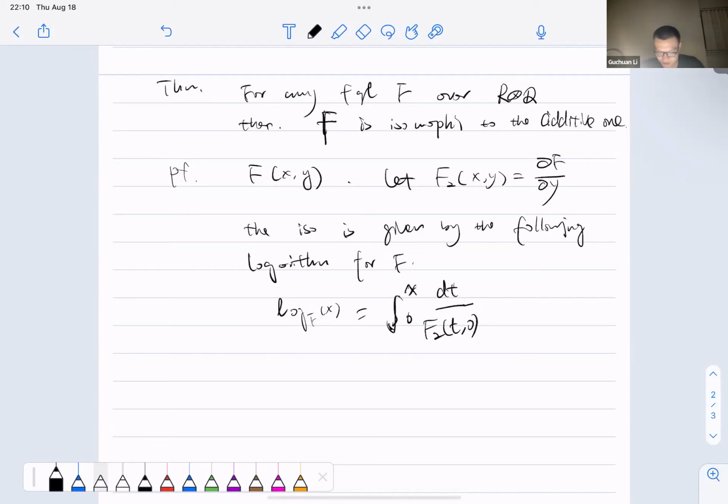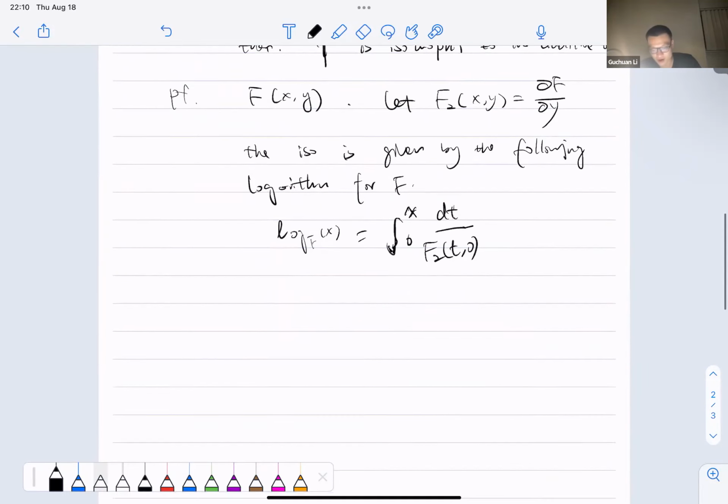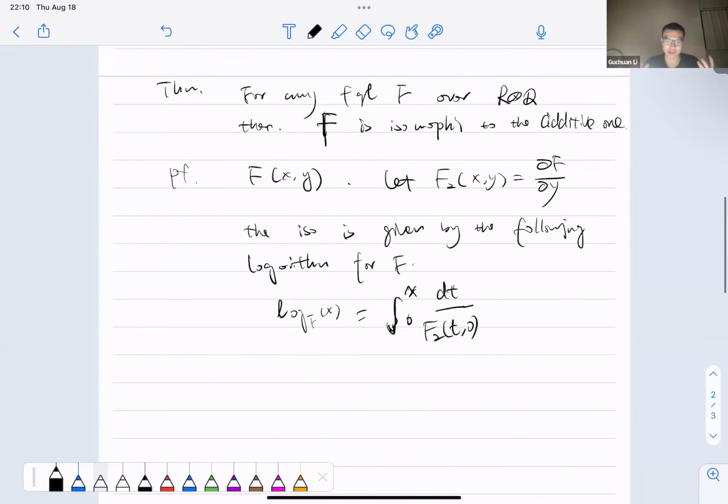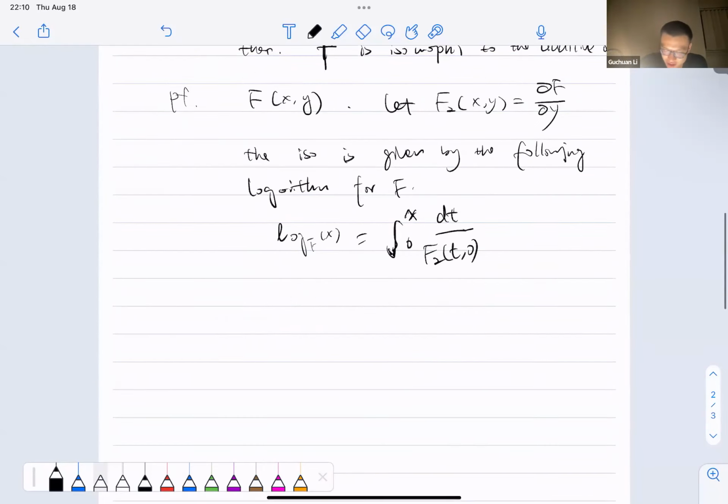It turns out to be a formal power series in the variable x, and this will be the logarithm. To see this, it's just Pike's definition.